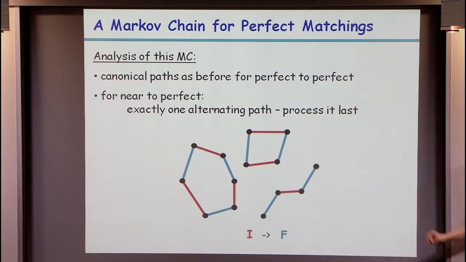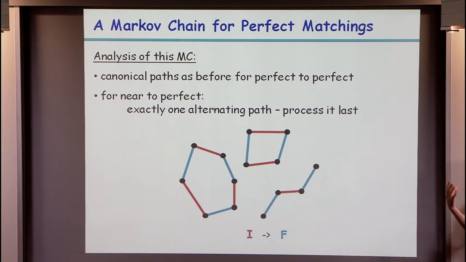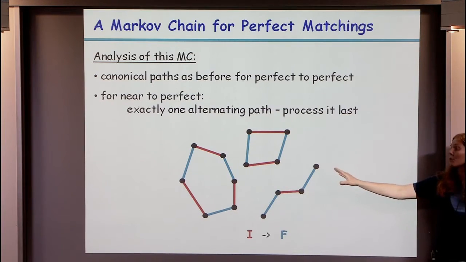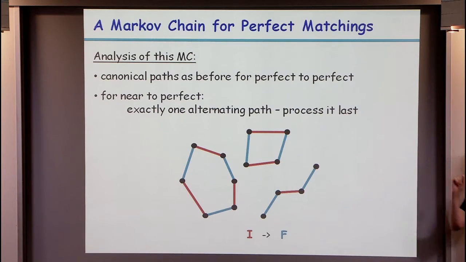If I'm going from a near matching to a perfect matching, then the picture looks something like this. I have alternating cycles and one alternating path. And now I kind of need to process the alternating path at the very end, because otherwise I would be introducing other holes, not during the time when I'm processing, when I'm moving from my red to blue, but when I'm doing the encoding part. Okay? I'll show you what I mean.